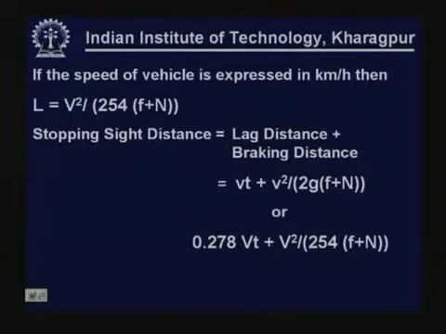So, it is V t plus V square by 2g into (F plus N), where V is in meters per second and t is in seconds, or 0.278 V t plus V square by 254 (F plus N), if V is expressed in kilometers per hour.